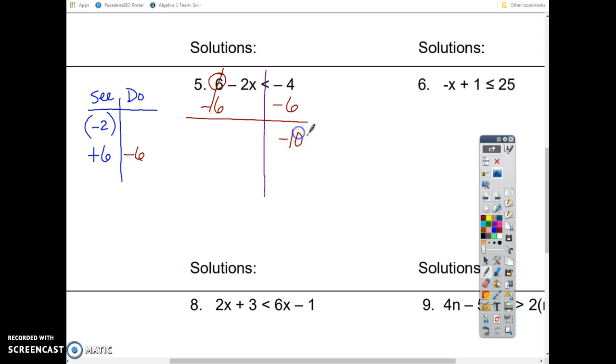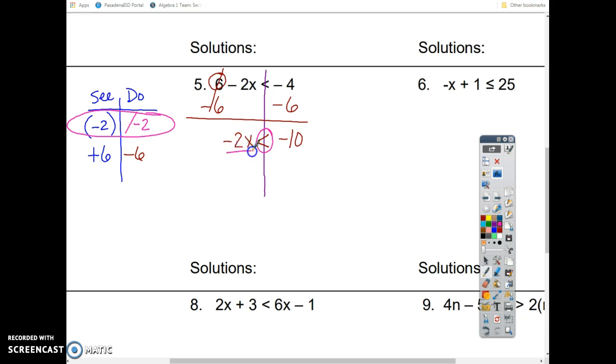-10. Okay. Bring this down, the -2x, and bring down the symbol because I haven't multiplied or divided by a negative number. But will I? Am I going to multiply or divide by a negative number? Look right here. Yes. It was multiplying by a -2, so I'm going to divide by a -2, meaning I'm going to have to flip this symbol at the very end.